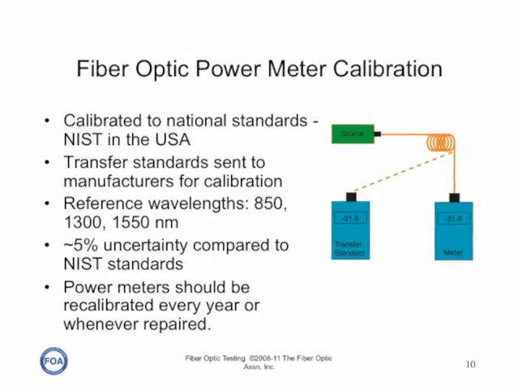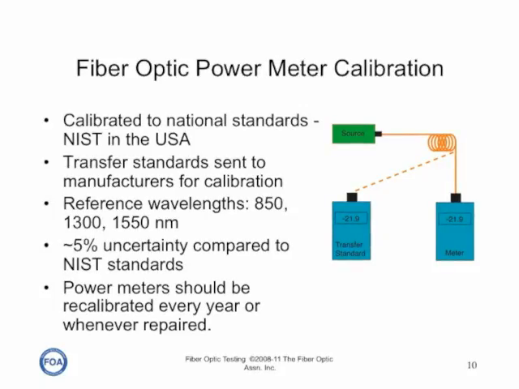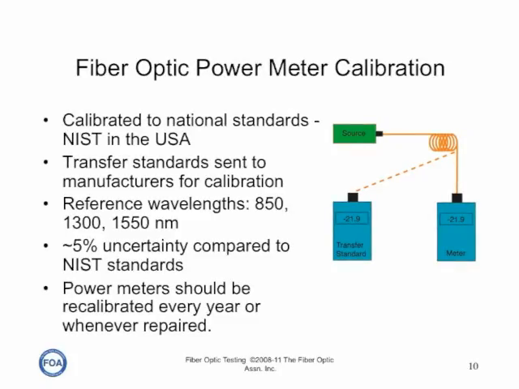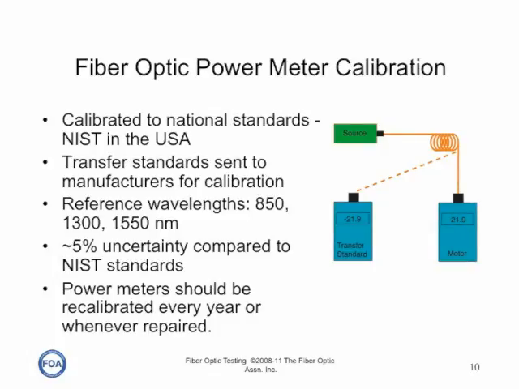Fiber optic power meters are calibrated to national standards, like NIST in the US, using transfer standards sent to manufacturers for calibration. NIST basically provides standards that are calibrated at 850, 1300, and 1550 nanometers, and manufacturers adjust their calibrations to agree with the NIST standards.